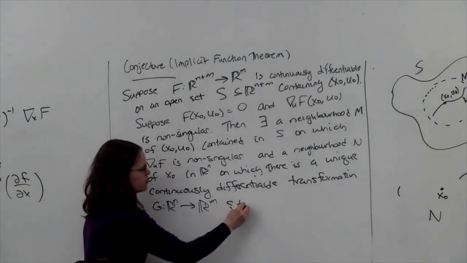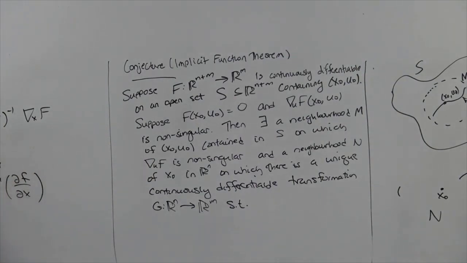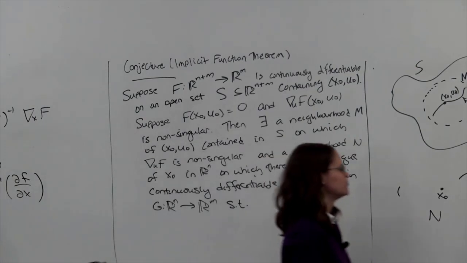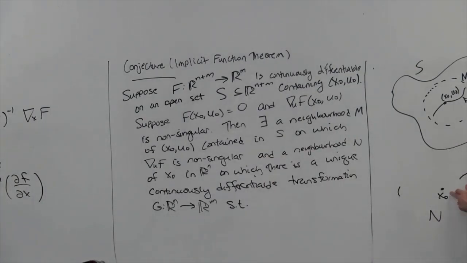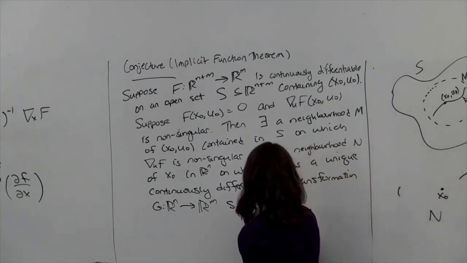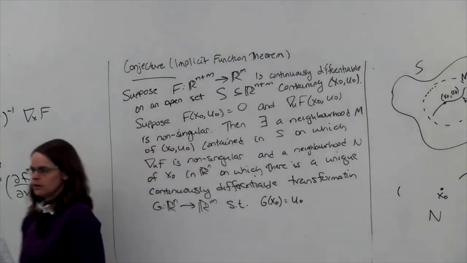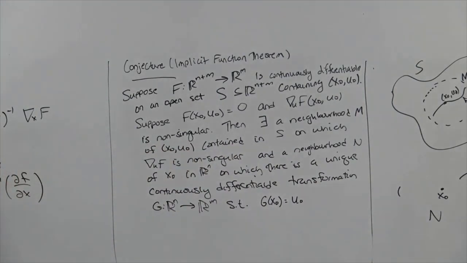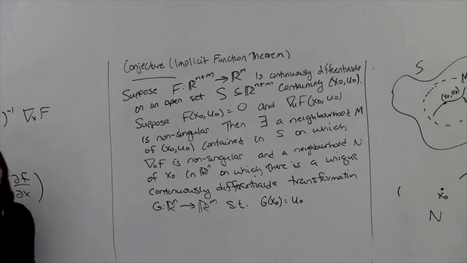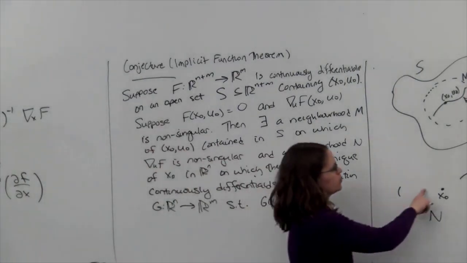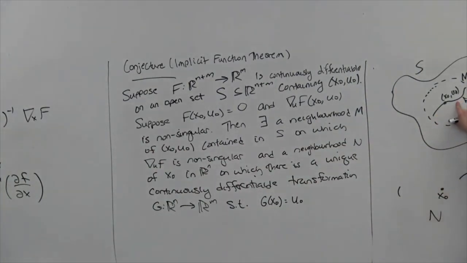And what are the properties of this? Well, it contains our reference point. So x naught gets mapped to u naught. What else? We said that all of these points define a curve that stays inside our set M. So it's not a weird function that's doing something here and then jumping far away.